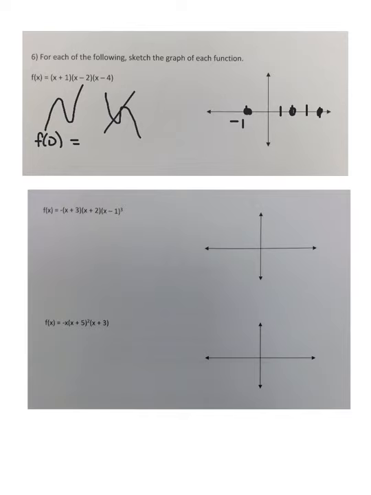All right, so when I put 0 in the first set of parentheses, I get a 1. In the second, I get a negative 2. And in the last one, I get a negative 4. So f of 0 is 8. So that means I'm hitting my y-axis at 0, 8. So I'm just going to pretend like that's up at 8.